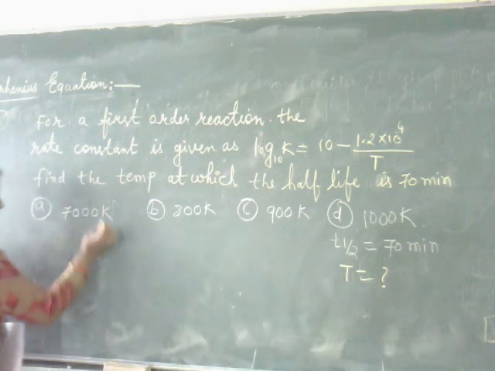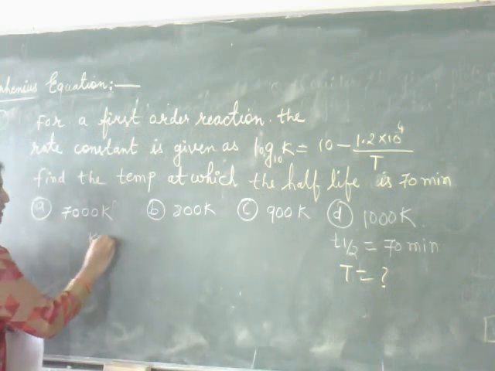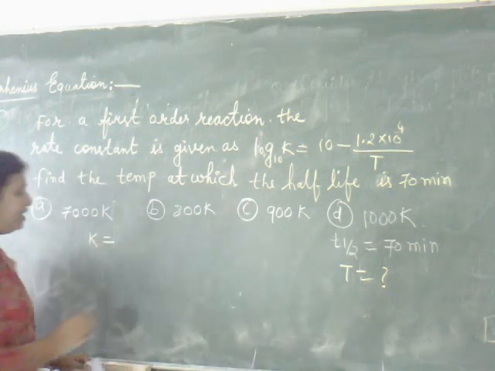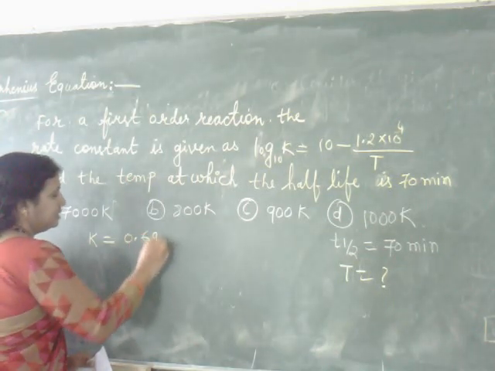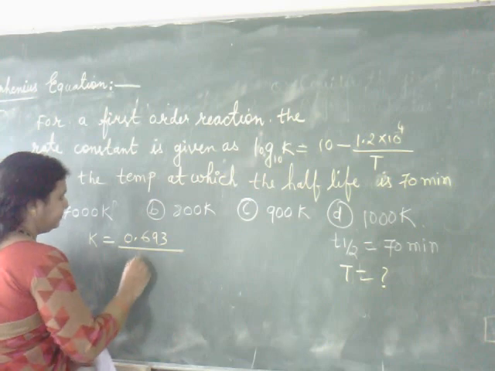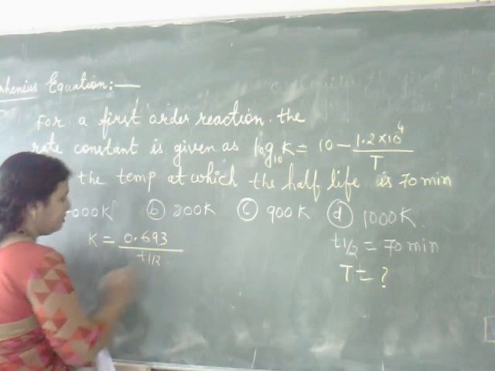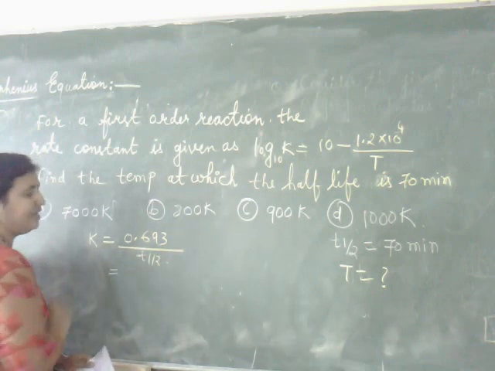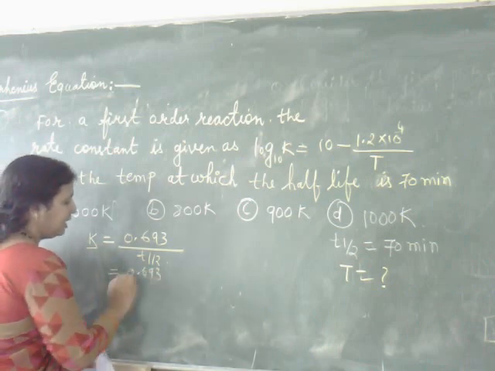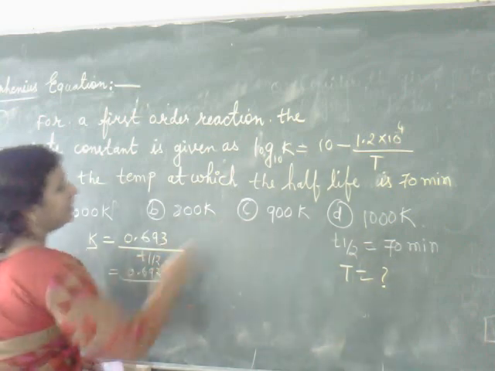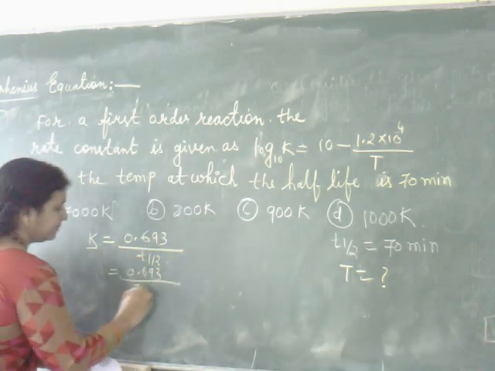So we have half-life given. What can we find out by using half-life of first order reaction? We have this equation K is equal to 0.693 divided by T half. By using this formula we can find out the K value first. So 0.693 divided by what is given here? 70 minutes.